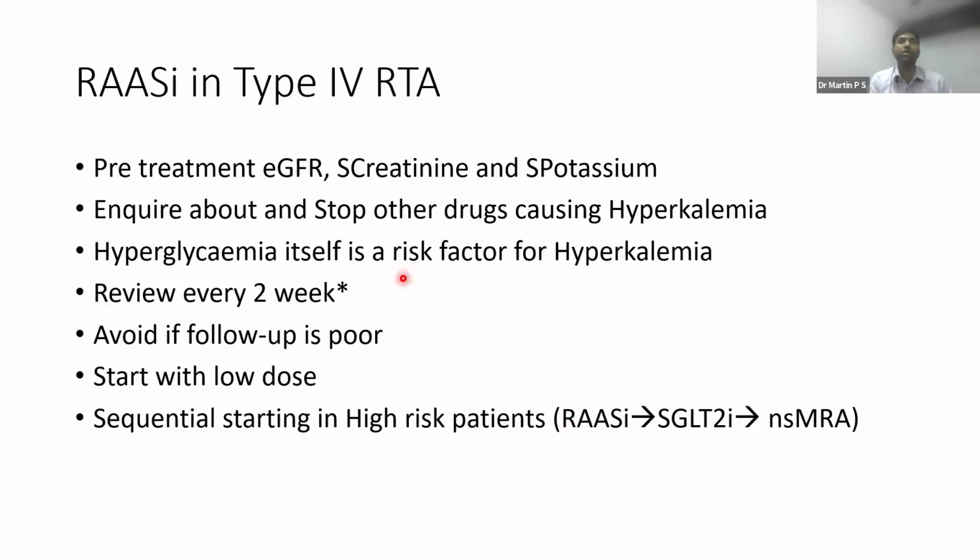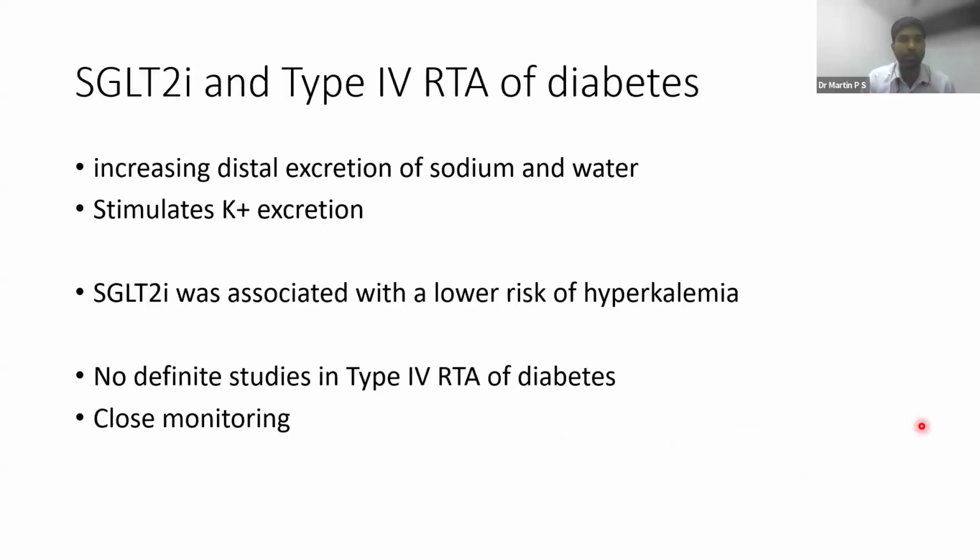But this particular group of patient of type 4 RTA and diabetes, this is a high risk group of patient. And for this group of patient, better to add sequentially. Yes, it can give rise to treatment inertia, but it is better do no harm than treating and pushing the patient unnecessarily to complications.